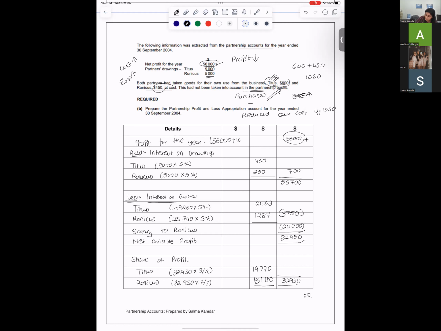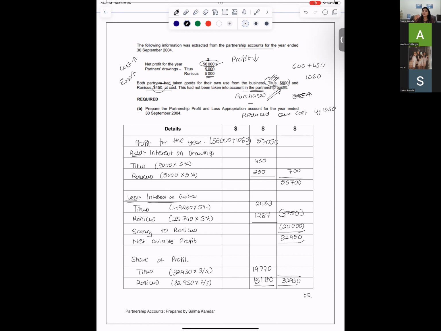So my profit will become how much? It will become 57,750. The profit will increase by 1050 now, because you did not remove the goods for own use from the purchases.